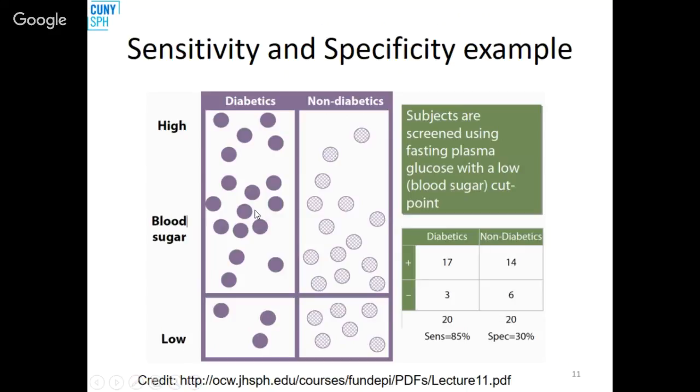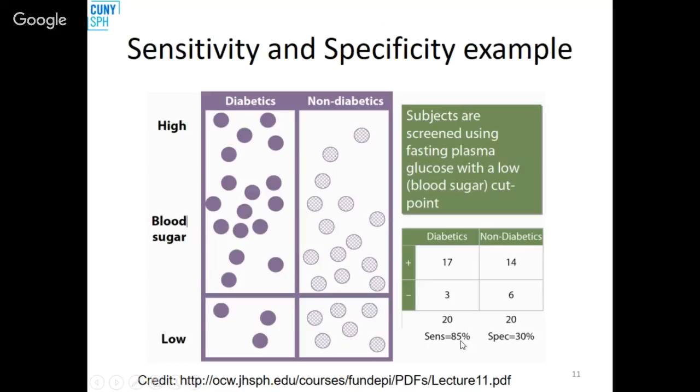Everyone above this threshold is going to be called diabetic. So out of the true diabetics, the test is going to call 17 diabetic and 3 non-diabetic. Among the non-diabetics, it's going to call these 14 diabetic and these 6 non-diabetic.